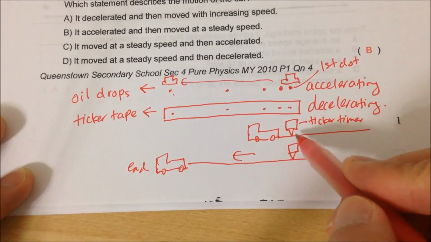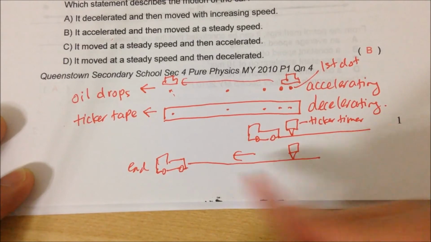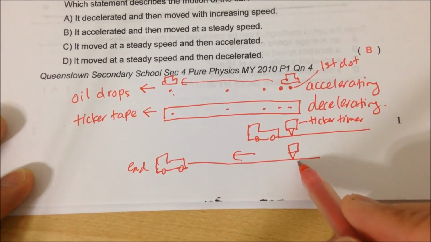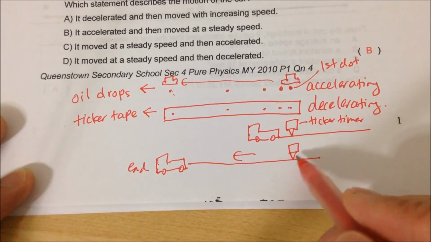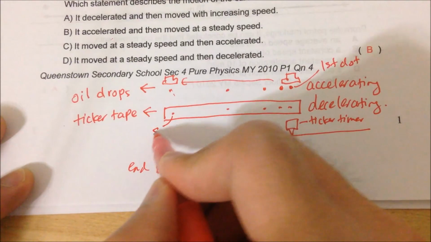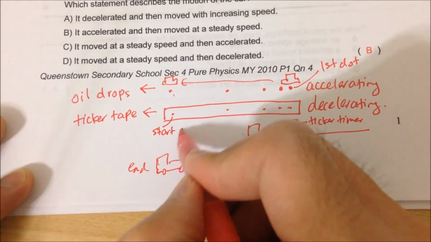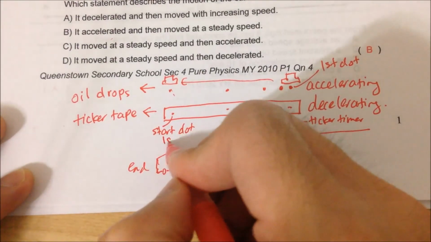So the starting position will have to be at the leftmost side of the tape, while the ending position will be at the right side. So with this kind of drawing, you can obviously see that the starting position is the first dot. So this is the start dot or the first dot.